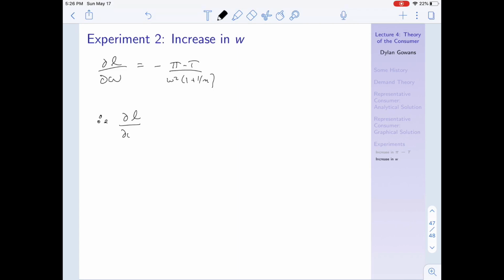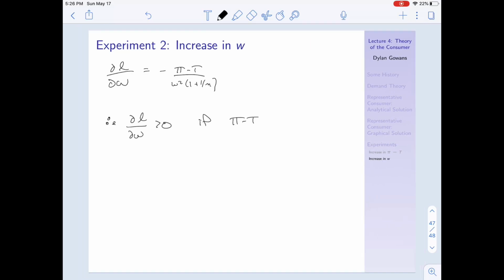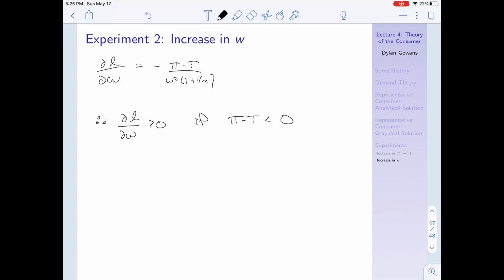It will be positive if the numerator is negative. And alternatively, our derivative will be negative if the numerator is positive. And finally, it'll be 0 if the numerator is 0.